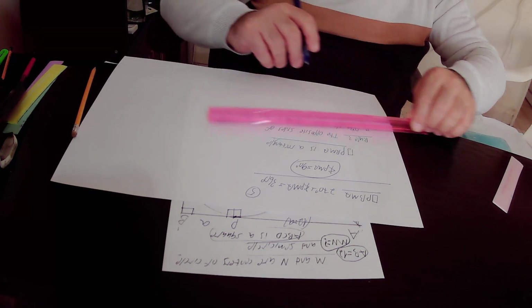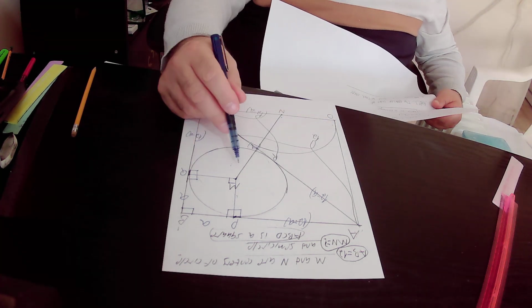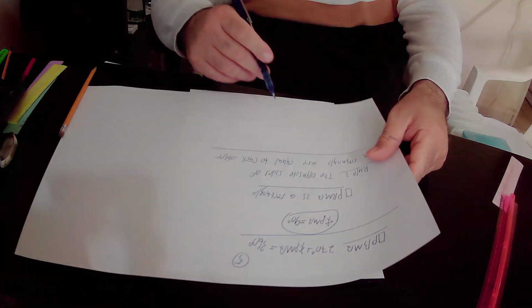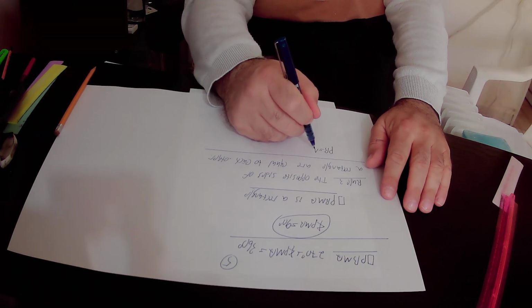According to rule number 3, in rectangle PBMQ, PB equals MQ.